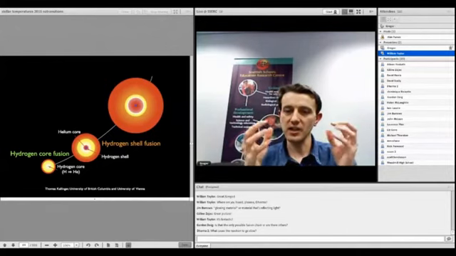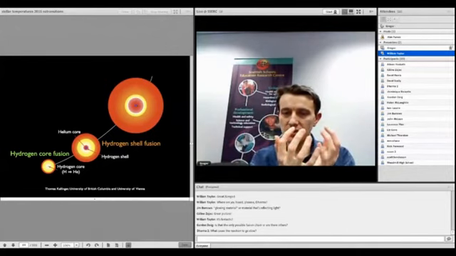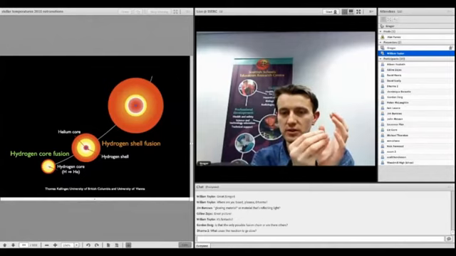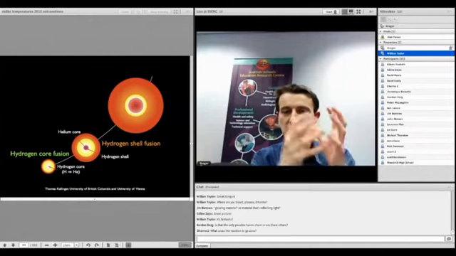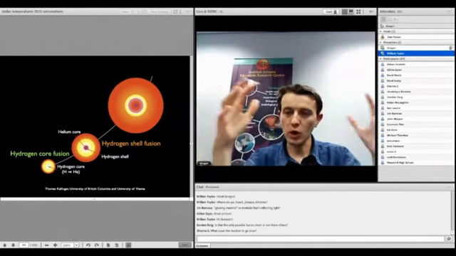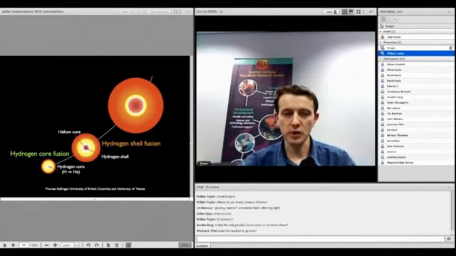But the principle here is to think that there's hydrogen burning in a shell around the nucleus of the star, and then this swollen, reddened envelope.